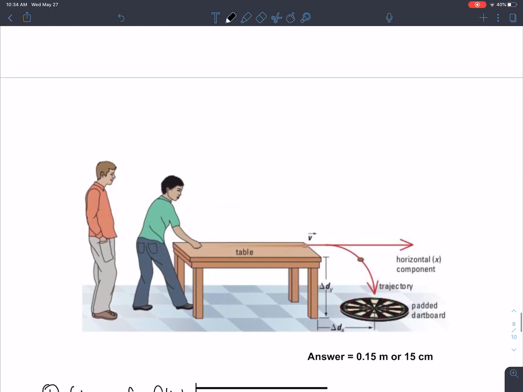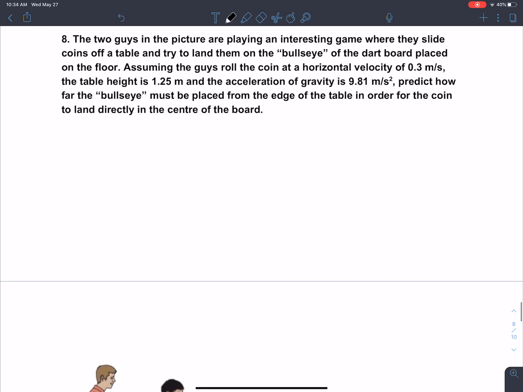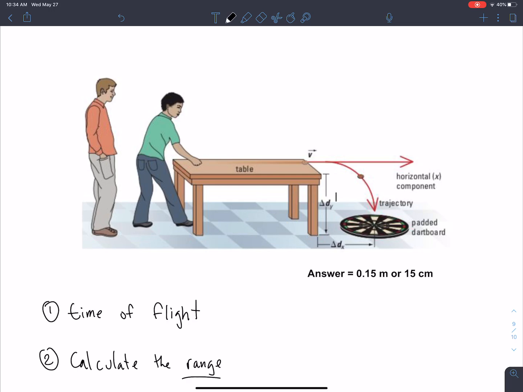The time of flight is going to be based on the fact that the height of that table is 1.25 meters, and the initial velocity of that coin falling is going to be 0 meters per second in the downward direction. The acceleration is going to be 9.81 meters per second squared in the downward direction.